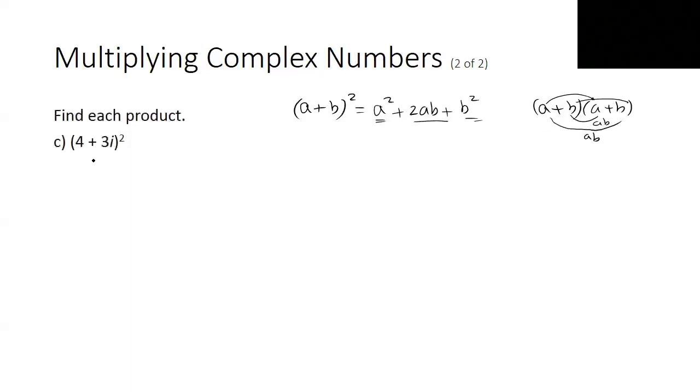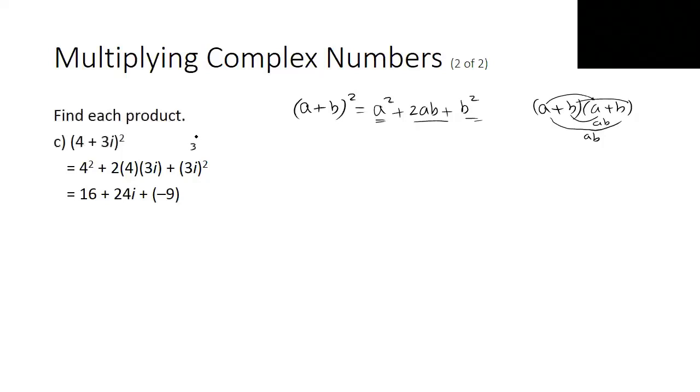So in this case, I can use this fact that the first term squared would be 4 squared. Last term squared would be (3i) squared, and 2ab would be 2 times 4 times 3i. If I combine this, what do I get? 16. 2 times 4 times 3 would be 24i. This would be 9i squared, right?